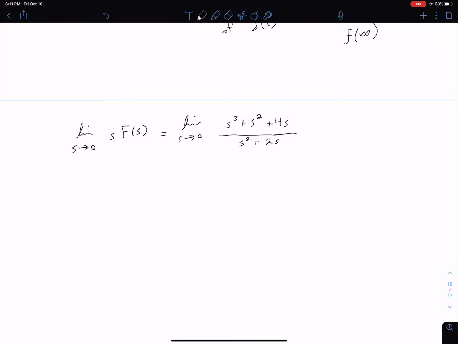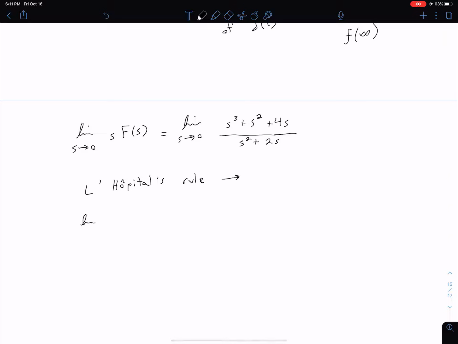You might remember an old technique that we can use here, which is L'Hopital's rule. Basically what that's saying is we can take the derivative of the numerator and the derivative of the denominator and take the same limit.